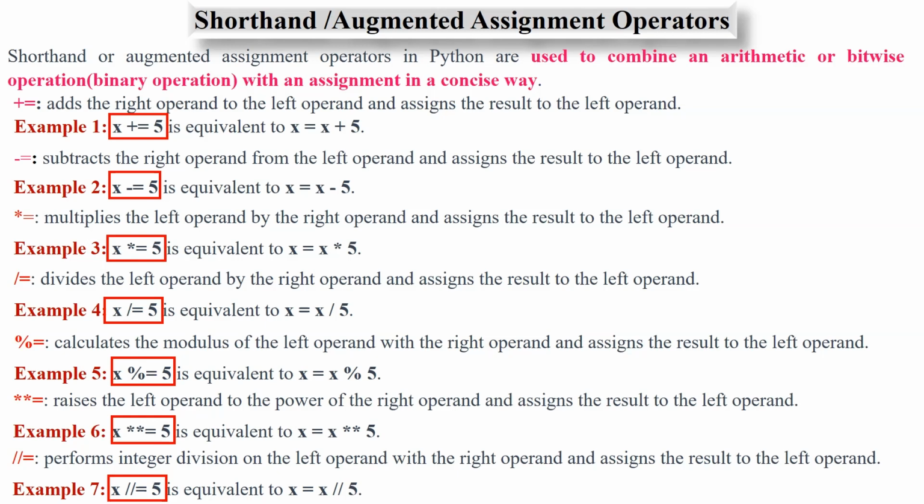Example 6: x exponentiation equals 5 is equivalent to x equals x exponentiation 5. Next one is integer division equals, which performs integer division on the left operand with the right operand and assigns the result to the left operand. Example 7: x integer division equals 5 is equivalent to x equals x integer division 5.